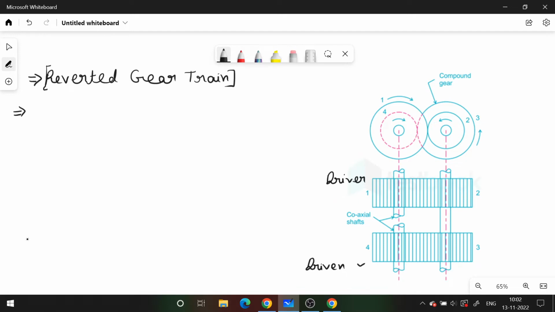It should be noted that gears 1 and 4 are on the driver and driven shafts whose axes are collinear. Gears 2 and 3 are connected on the intermediate shaft. Here, gears 2 and 3 are mounted on the same shaft, and these gears are intermediate gears.